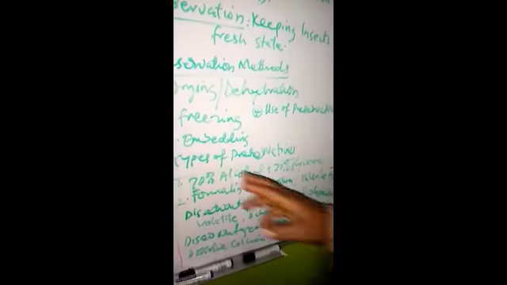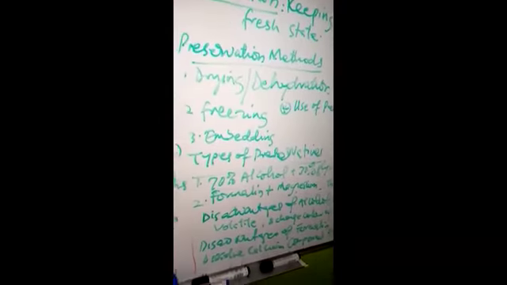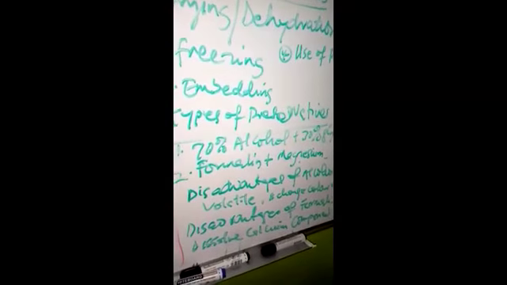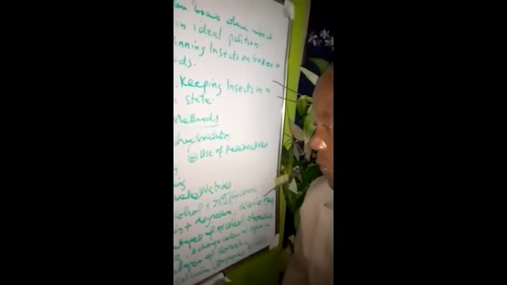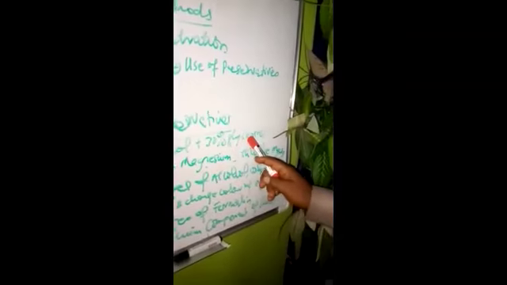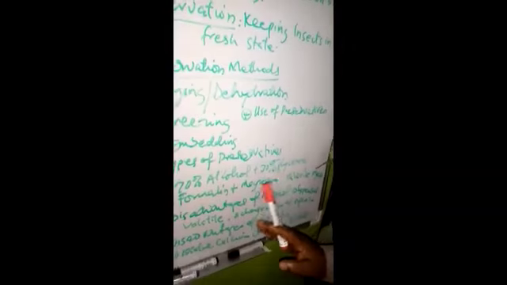Use of preservatives to keep the insect in a fresh state. What are the types of preservatives we have? We have different preservatives for preserving insects. When we go to other higher animals, we also have different preservatives. First of all, you preserve in alcohol: 70% alcohol, and you add 30% glycerin into it.